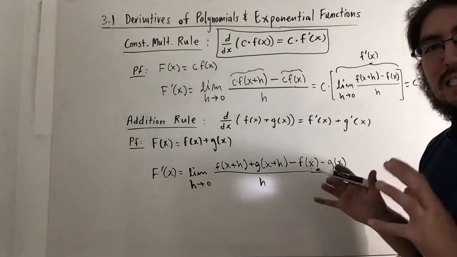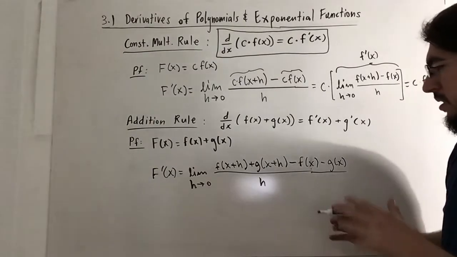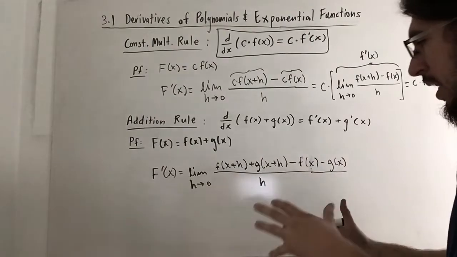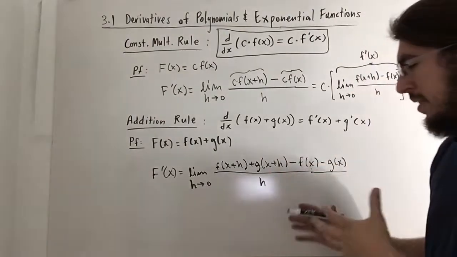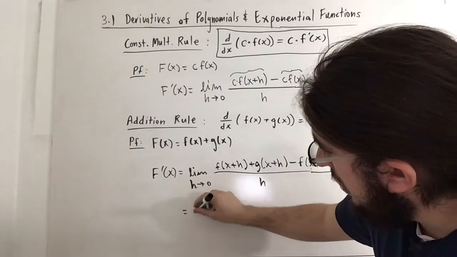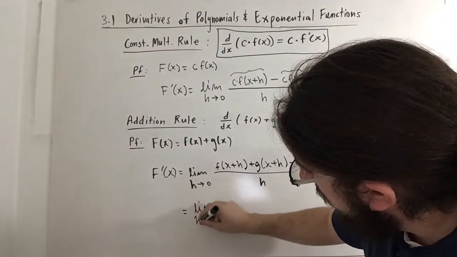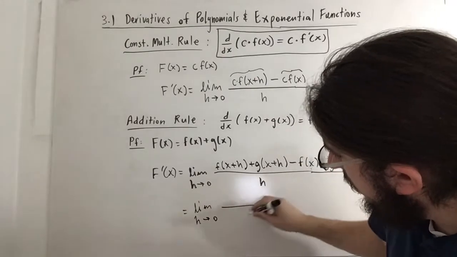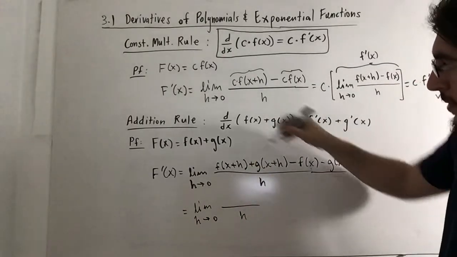And now the last thing to do is to split this up and rearrange it. And there's a limit property that allows us to pass things through the limit as follows. So we can write this as the limit as h goes to 0 of, and I'm going to pull this apart in a particular way.